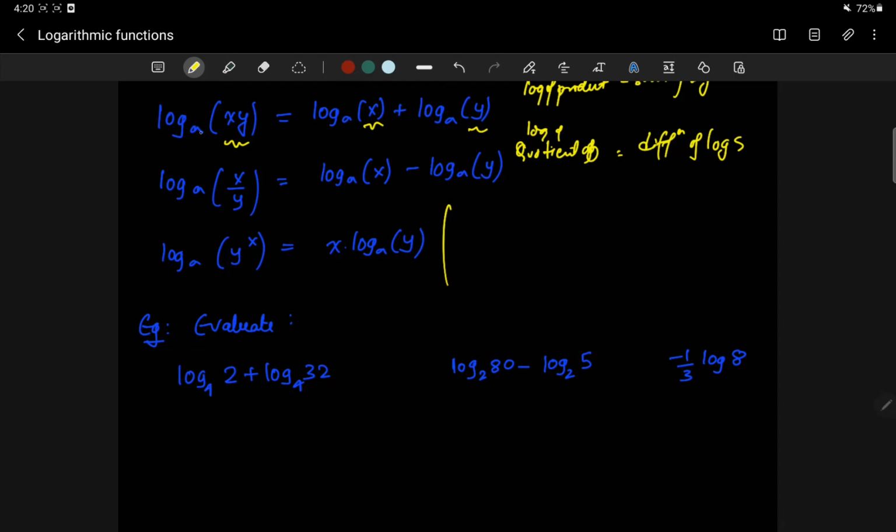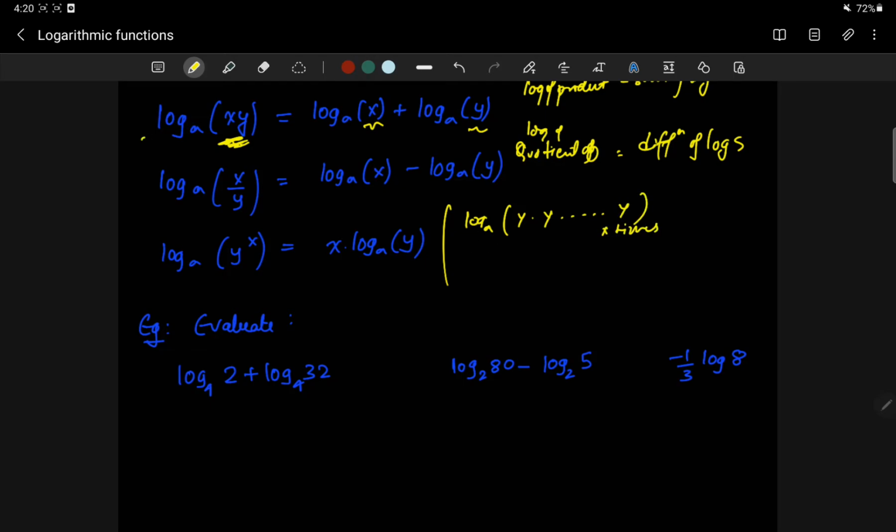This is essentially just the product rule. So what this product rule says is, what is y to the x? That's y times y, and so on, x times. Let me write down what I'm saying.